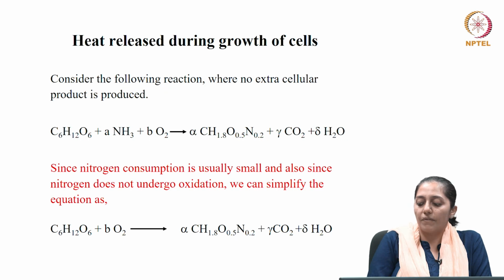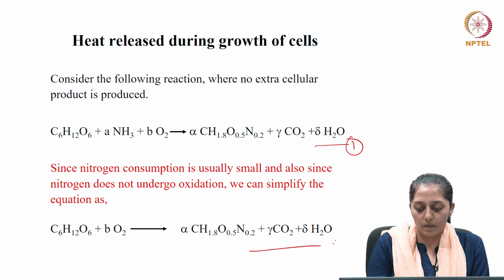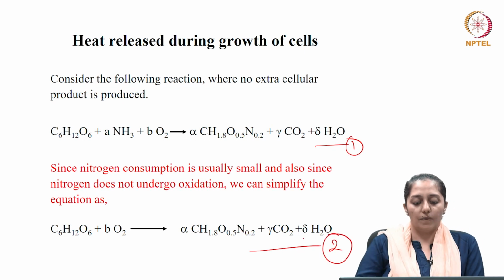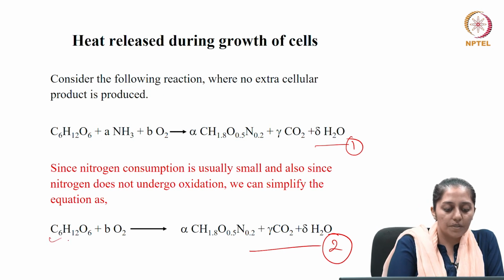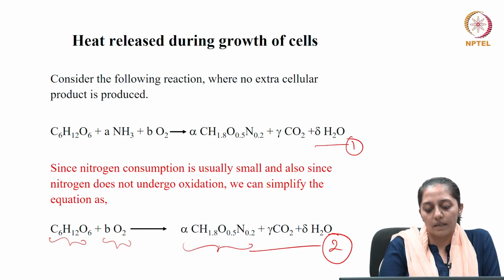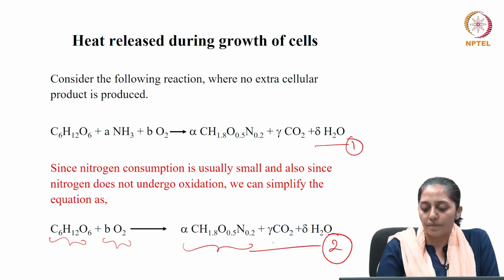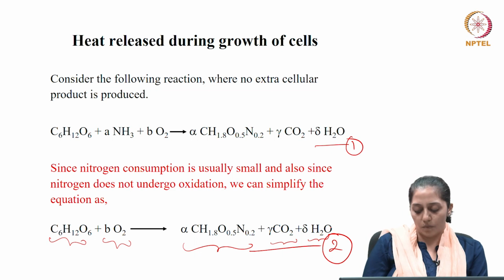So, we can simplify the first equation shown here in terms of the second equation, where your first term is your carbon source, glucose, which is oxidized, and then it gives the biomass. This is the molecular formula for biomass, especially for bacteria and microbes, and then these are the products of fermentation, the CO2 and water vapor.